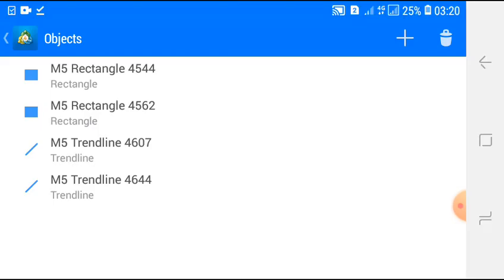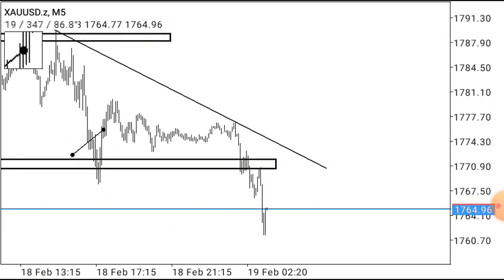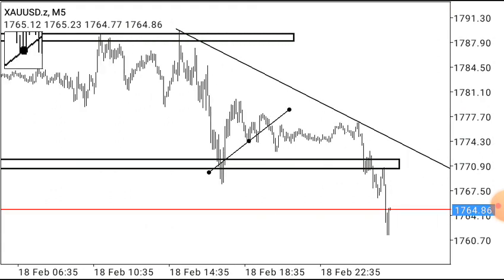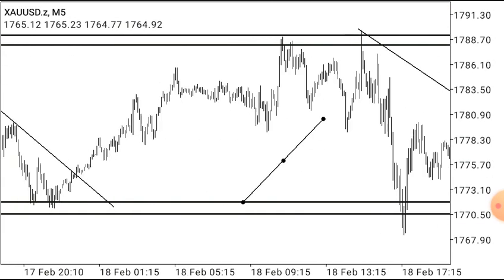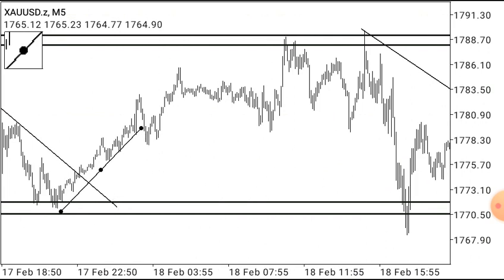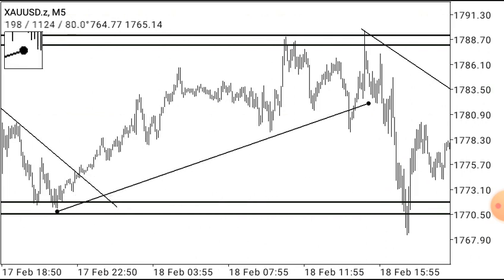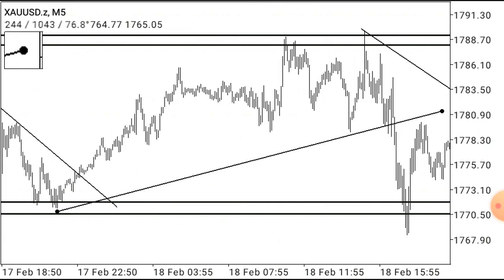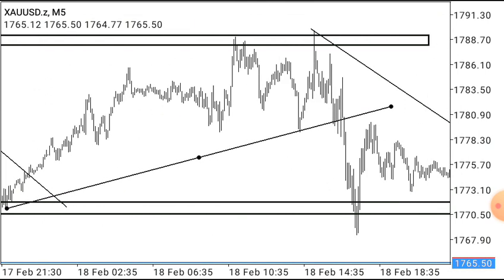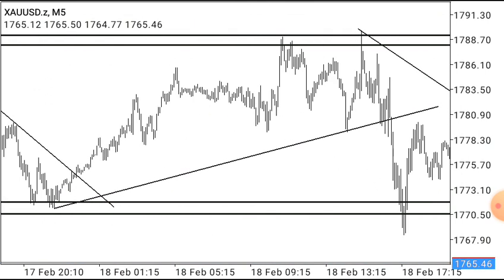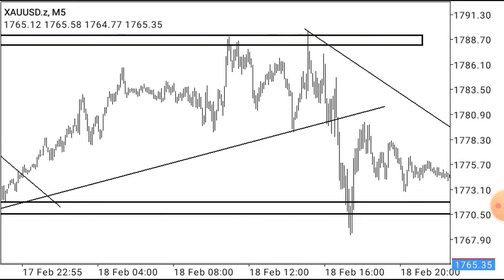Let me show you guys something when it comes to the resistance level as well. Check this out, guys. Check out that nice entry over here.